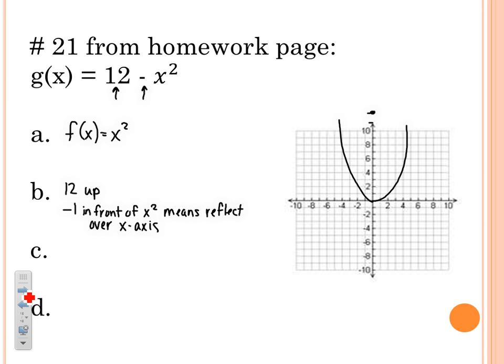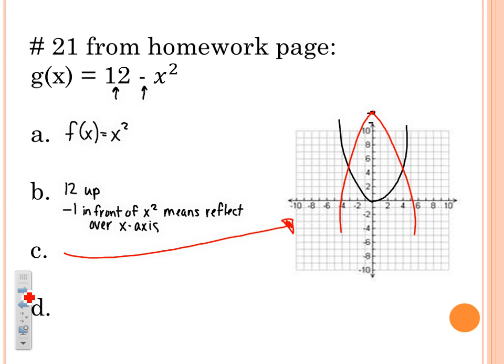Okay, if we're going to flip that or reflect it over the x-axis, it's going to go down now. And some of you guys maybe remember that when you were graphing parabolas that had a negative coefficient on the x squared, they went down. So this one is not going to open up like the parent function did. It's going to reflect down. Okay, so that's part C, is the sketch.